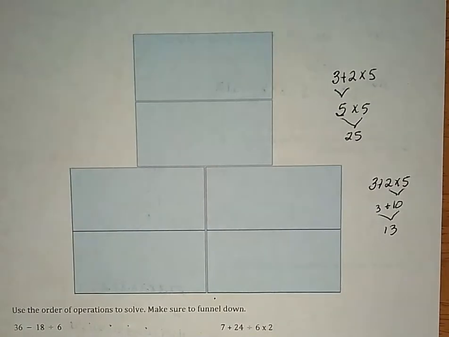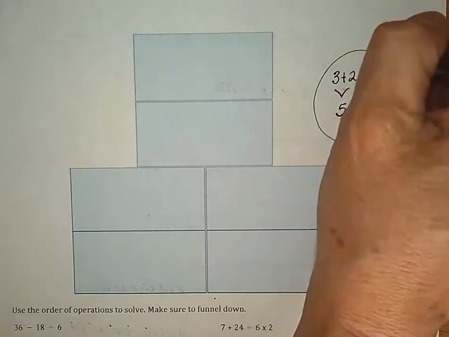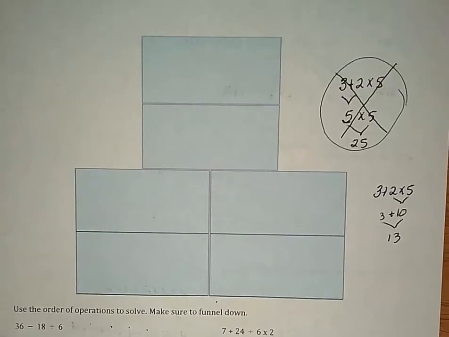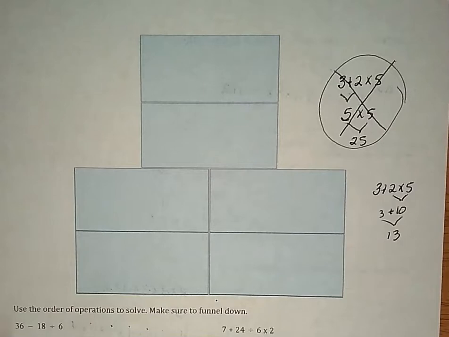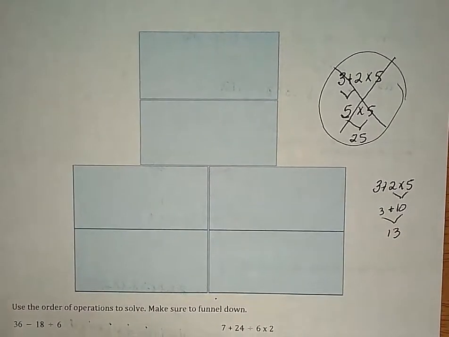So that's why mathematicians came up with an order of operations. And in fact, this one, which is maybe a little more likely that we might do, is not the correct answer. The correct answer is our bottom one there, and we'll see why that's true here in just a minute. So our order of operations goes this way.